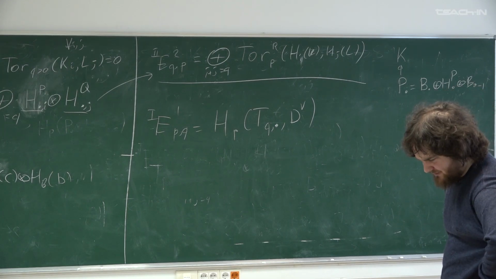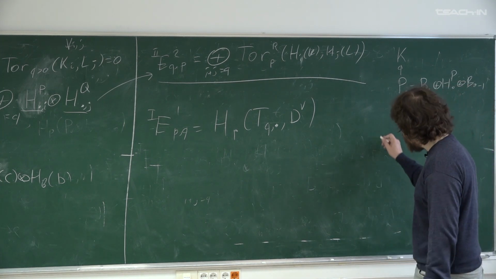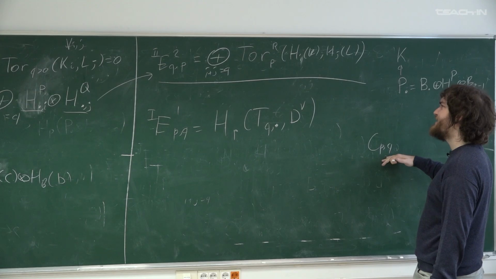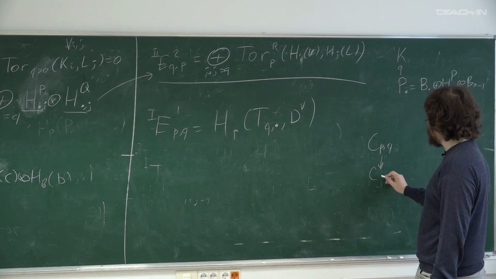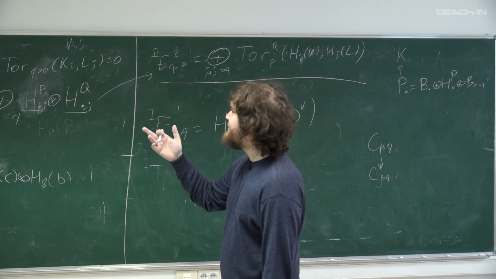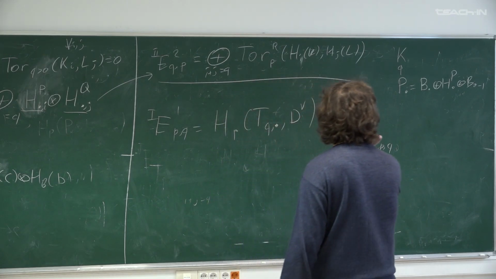One second. If I have a big complex, if I consider this differential, and this differential is with respect to the second one. It's true, and I consider P homology.